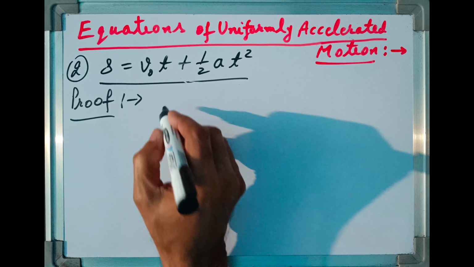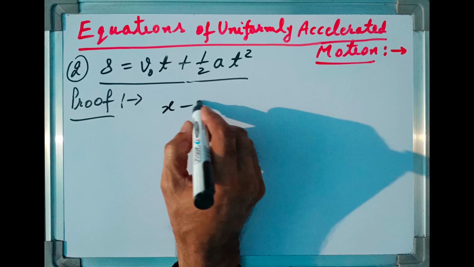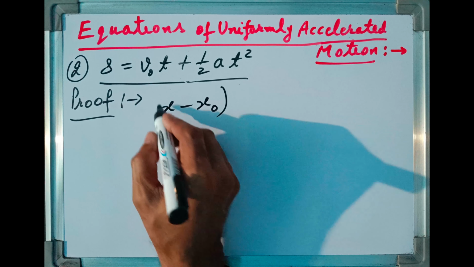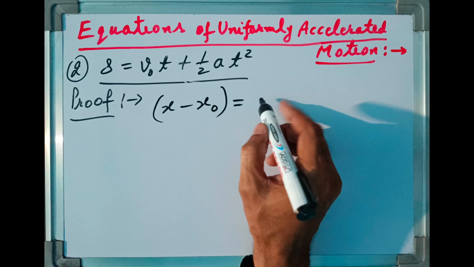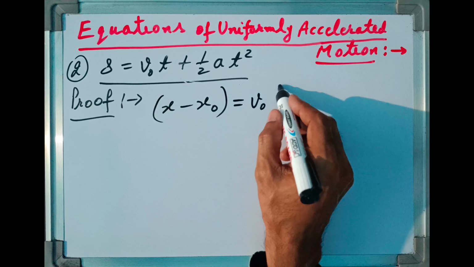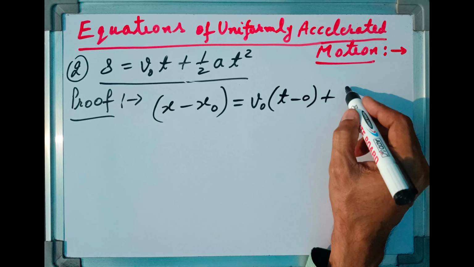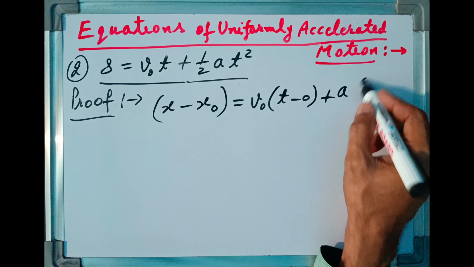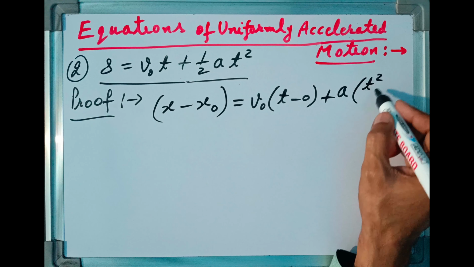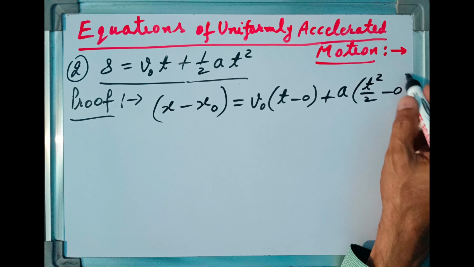After applying the limits, we can write x minus x naught. On right hand side, v naught t minus 0 plus a t square by 2 minus 0.